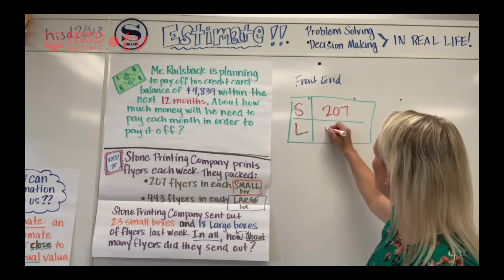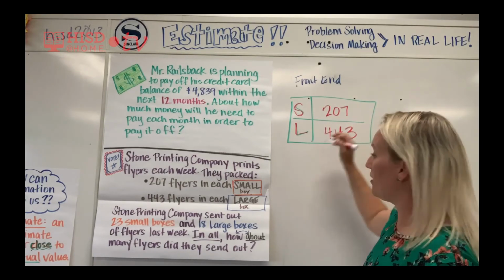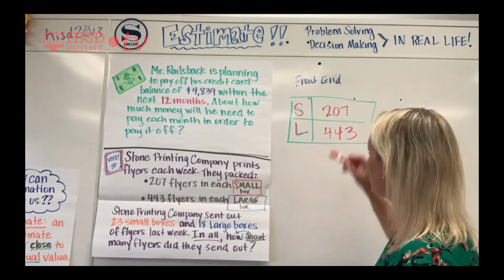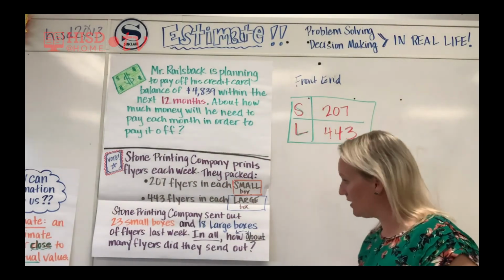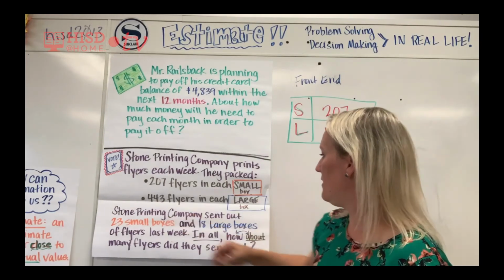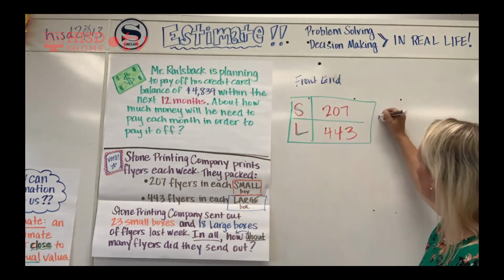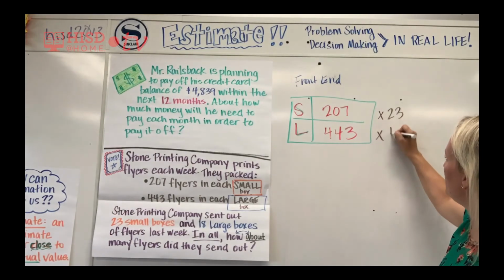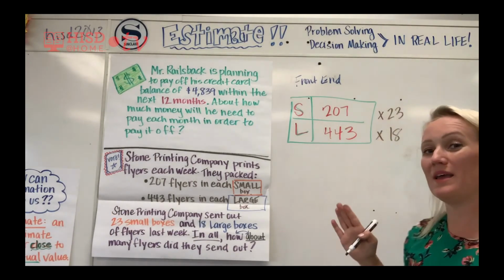And a large is 443. I got all of that straight from the problem. So that's how much is in each box. They also said that they sent out 23 of these, so I'm going to put times 23, and 18 of these. But these are my exact numbers.